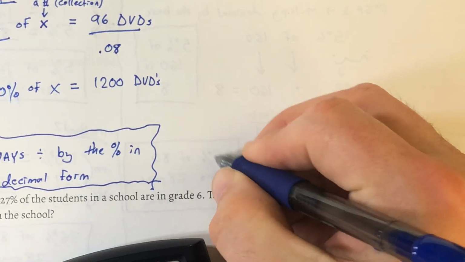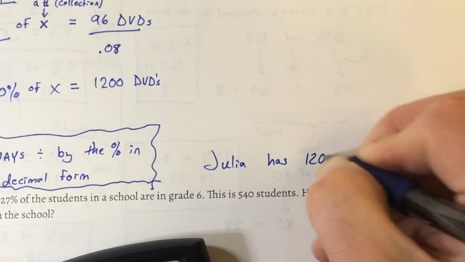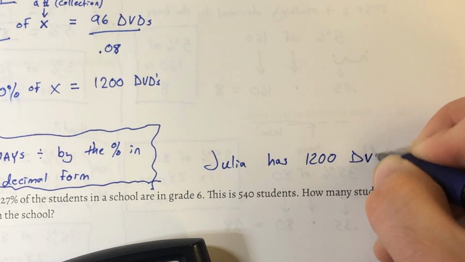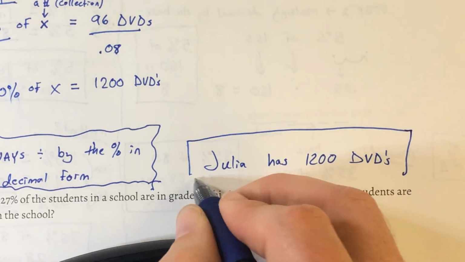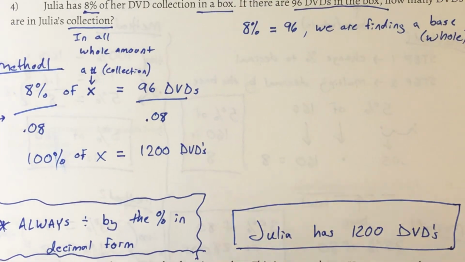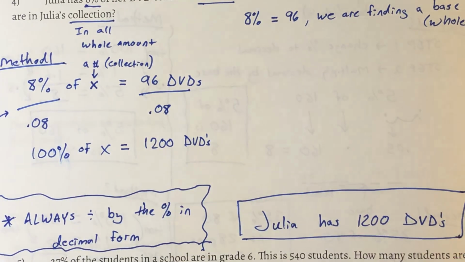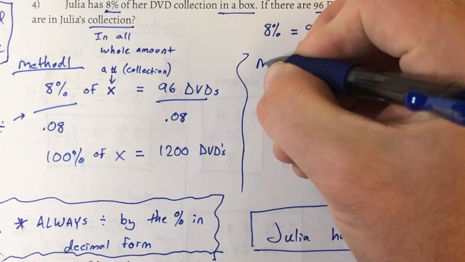We're going to say Julia has 1,200 DVDs in her collection. Okay, I said there was another way to do this. I mean, this is pretty efficient, but maybe you just don't like it. So, method 2.